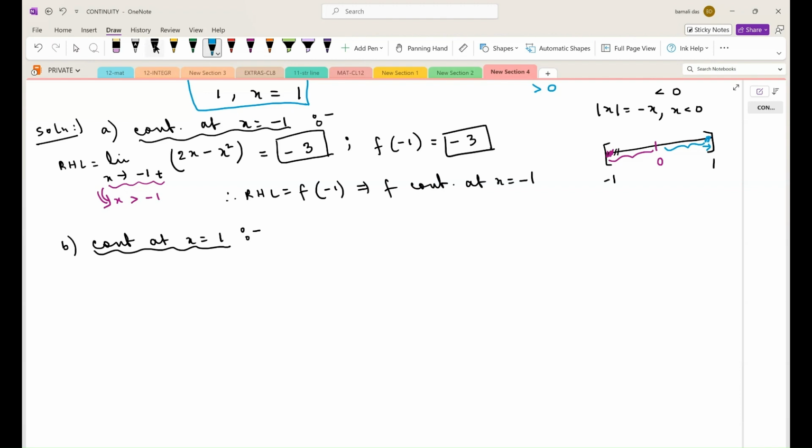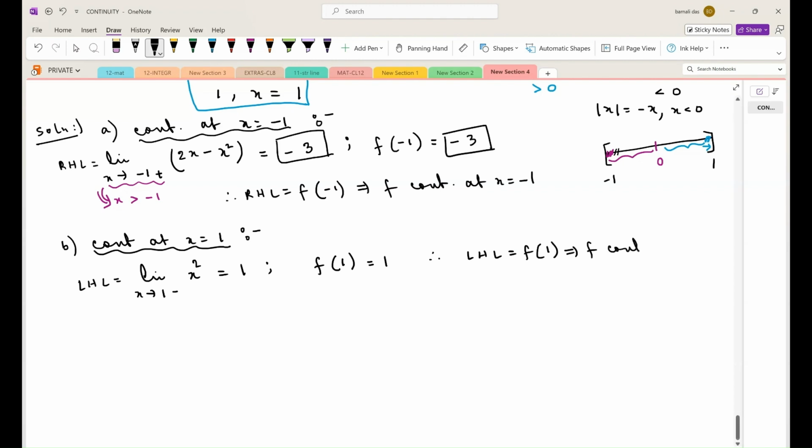So keeping that in mind, left hand limit equals limit x approaches 1 from the left of x square, so that is 1. Now let us take the functional value at 1. Again you can see at 1, f(x) is 1. Therefore left hand limit equals functional value.